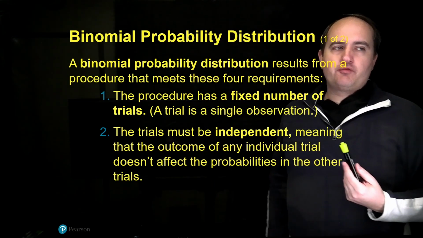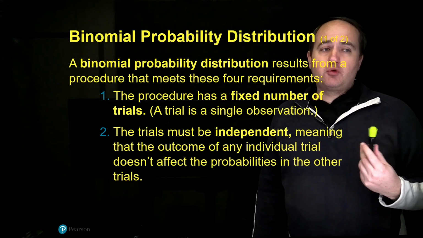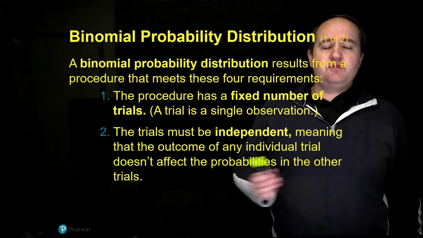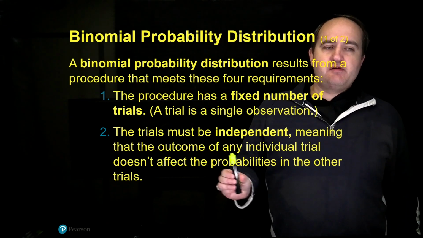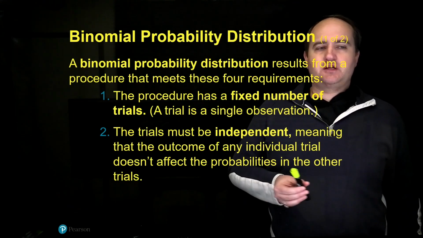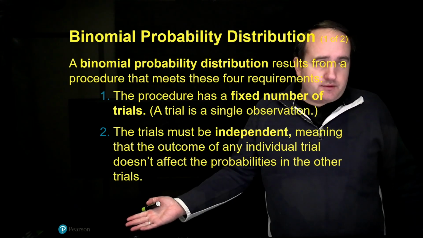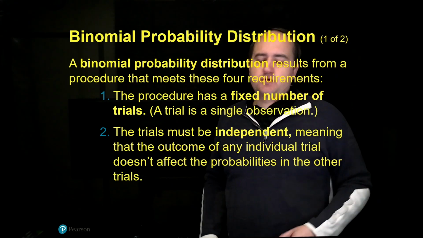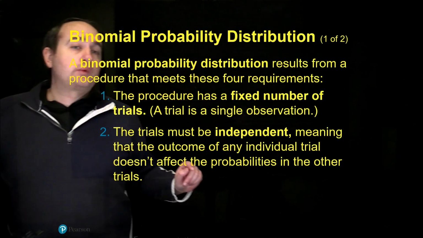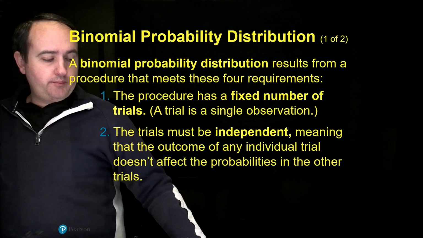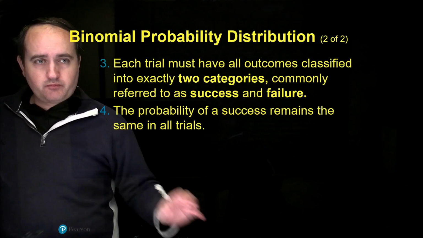So if you recall from section 4.2, if events are independent, that just means that the outcome of any individual event doesn't affect the probabilities of the other events. Here we're calling the events trials, but they're still events. So it's still the same thing that we learned when we were using the multiplication rule in section 4.2.